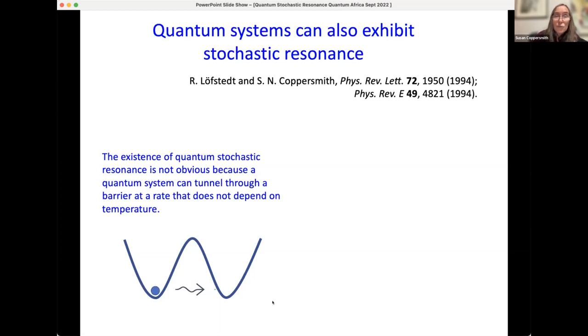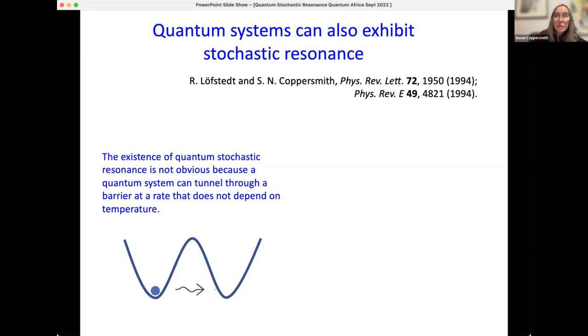The reason is that everything I've told you about stochastic resonance was this idea that I have my particle, I have my system, and if the noise is little, it's stuck, and if the noise is big, you can go over the barrier. Then you find an amount of noise that just gets you over the barrier.